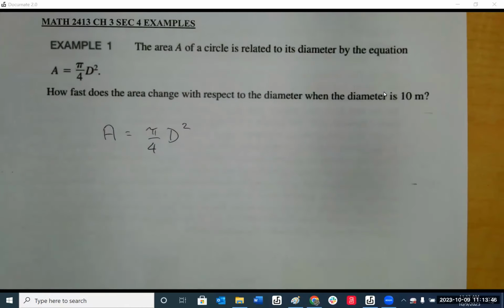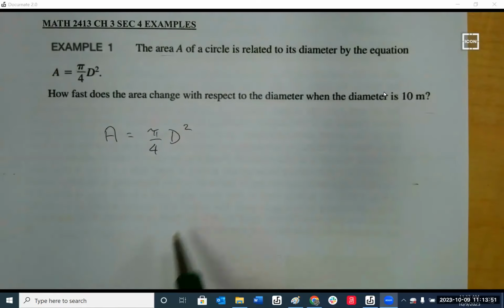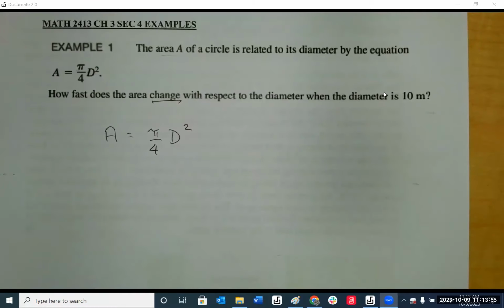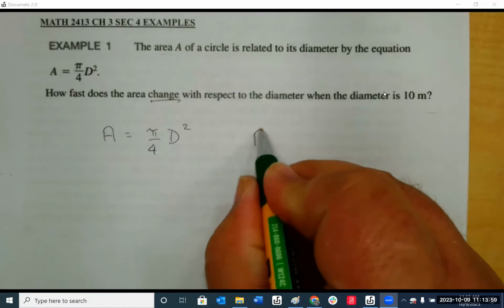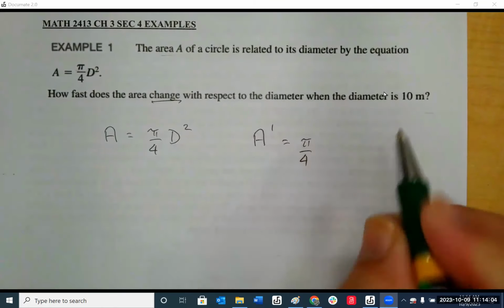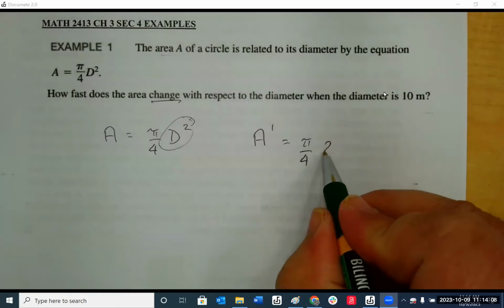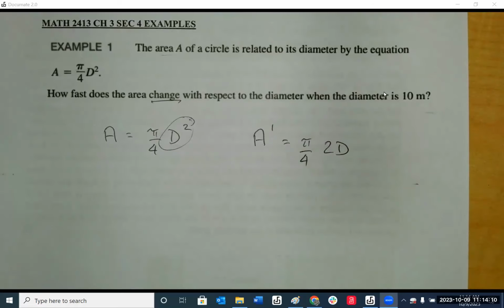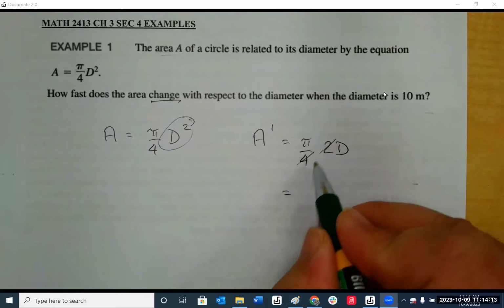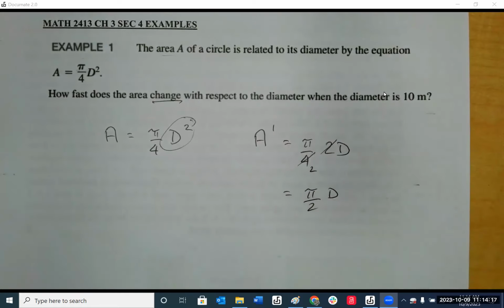Because this is the area of the circle, we want the change. And change occurs when what? We take a derivative. So we have to find A prime. Pi over 4 is a constant. We're taking it with respect to the diameter. So A prime is pi over 2 times d.